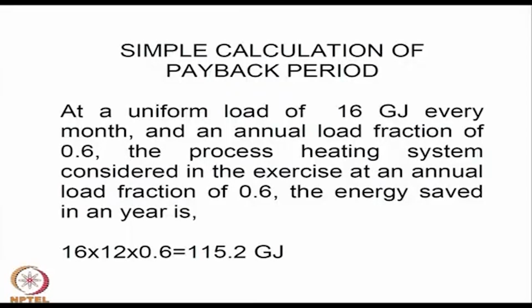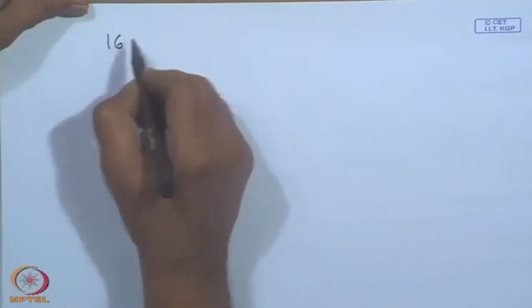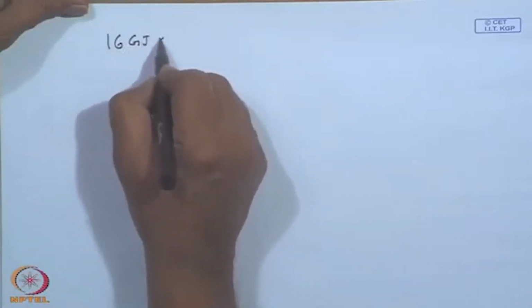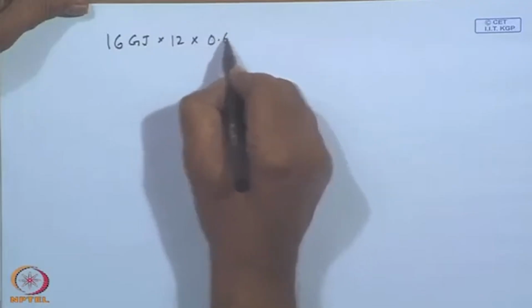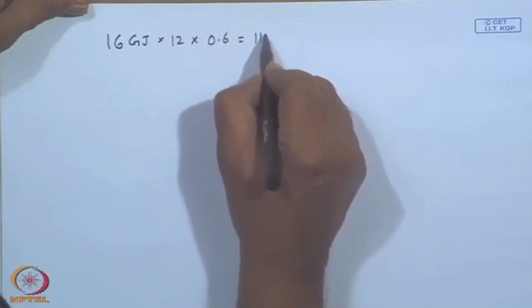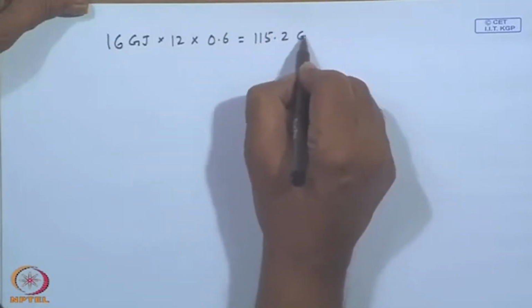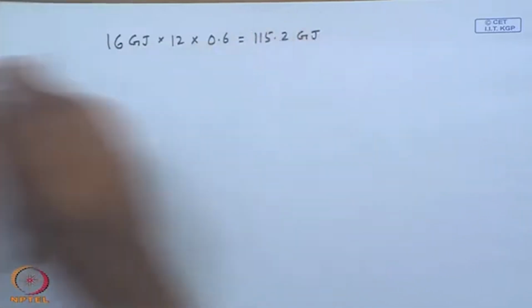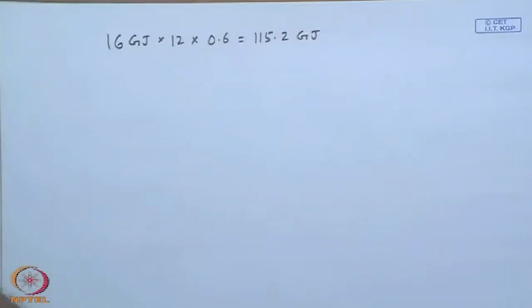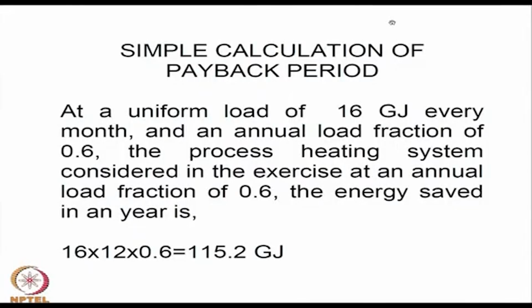So, the first year savings at the rate of 16 gigajoules per month for 12 months at a solar load fraction of 0.6 will turn out to be 115.2 gigajoules. These are consistent numbers. Only thing is I am doing it only for 1 year, so that my payback period is the total upon the 1 year cost or savings.